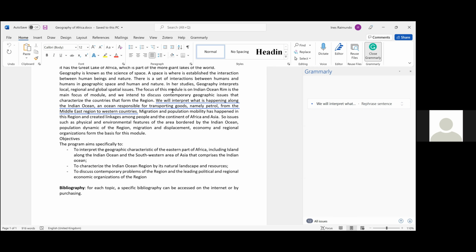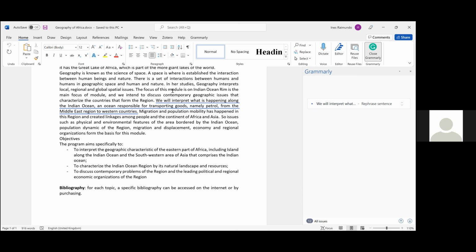So in terms of the program, specifically, what I aim to discuss with you in these 2 semesters is how we interpret the geographic characteristics of the eastern part of Africa, including islands along the Indian Ocean and the southwestern area of Asia that comprises the Indian Ocean. The second objective is to characterize the Indian Ocean region by its natural landscape and resources.